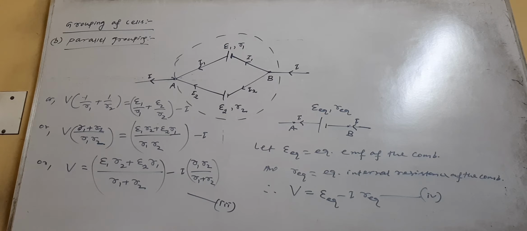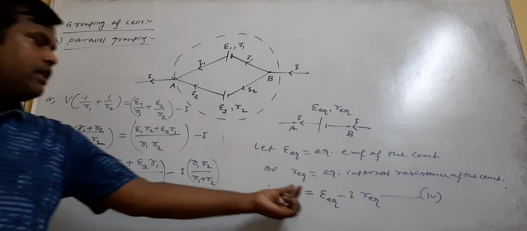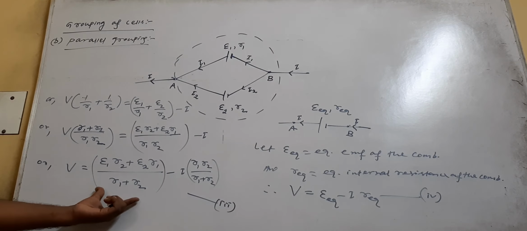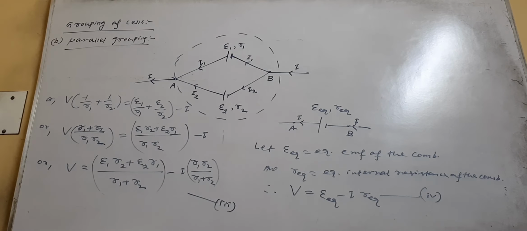So now you compare equation 3 and equation 4. In place of EEQ, you have E1 R2 plus E2 R1 by R1 plus R2, and in place of REQ, you have R1 R2 divided by R1 plus R2.